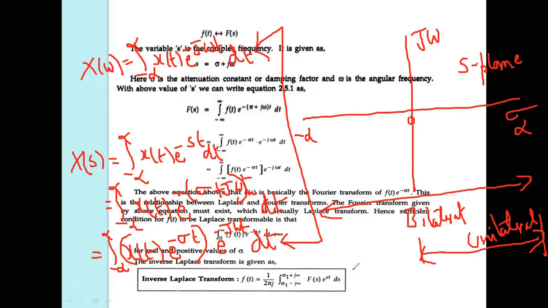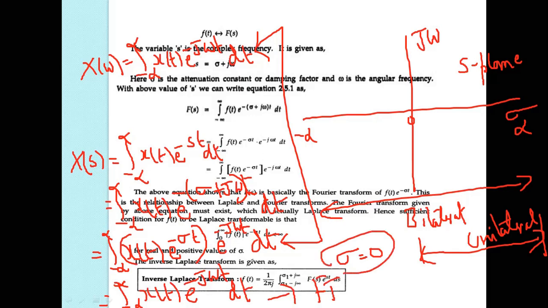It becomes a Fourier transformation when sigma is equal to 0. When sigma is equal to 0, e power 0 is 1, and it becomes the integral from minus infinity to infinity of x of t e power minus j omega t dt, which is the Fourier transformation definition. Or otherwise, you can say x of t e power minus sigma t is a Fourier transformation only.